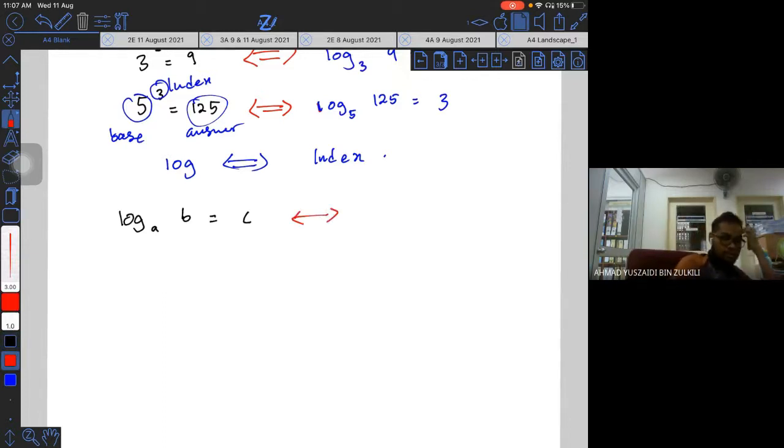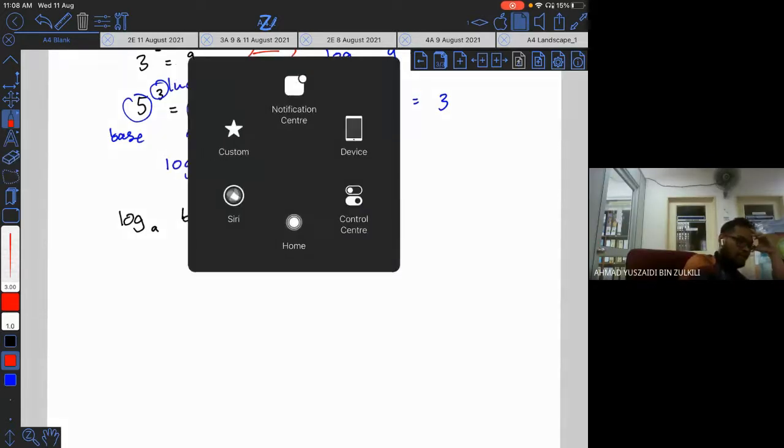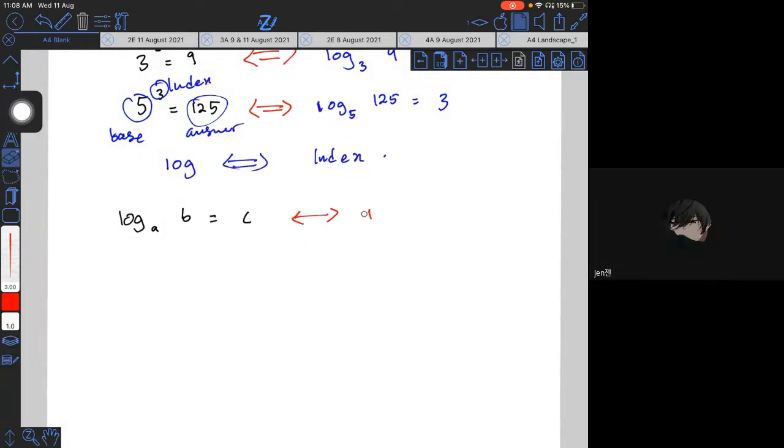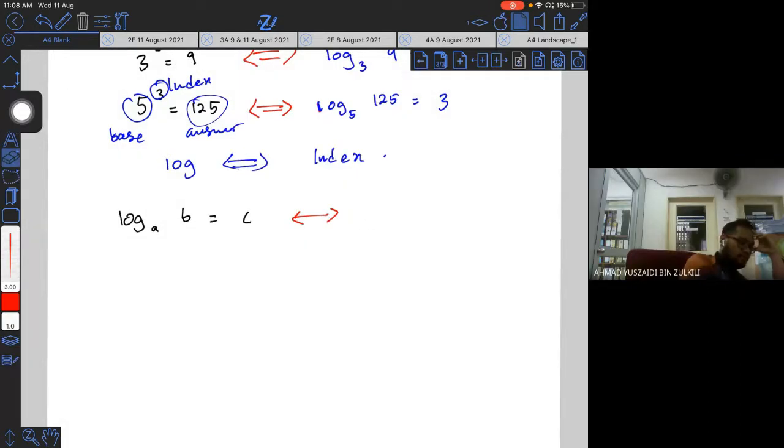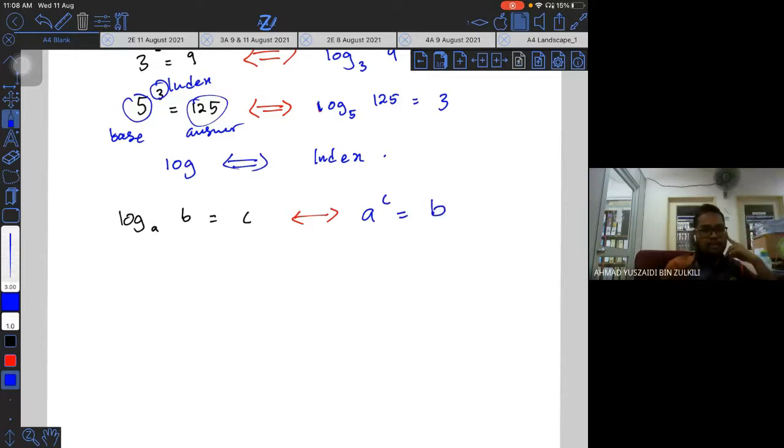Okay, now what is the base? Okay, base is A. So A, index C. C equal to, okay, so A to the power of C equal to B. Okay, so now you can change from index to log and from log to index.